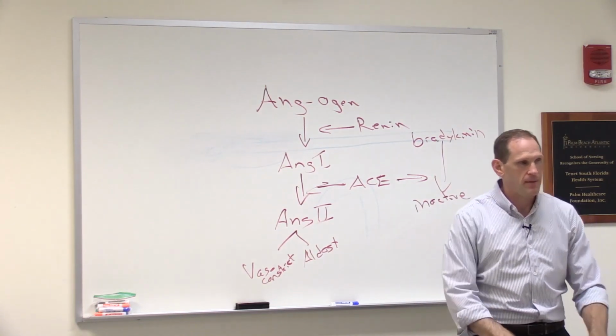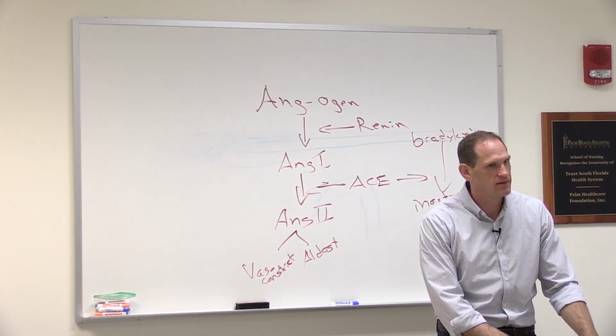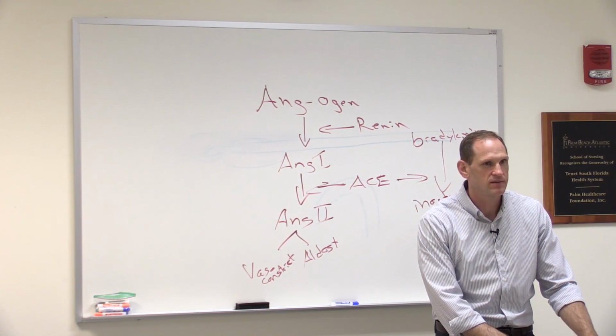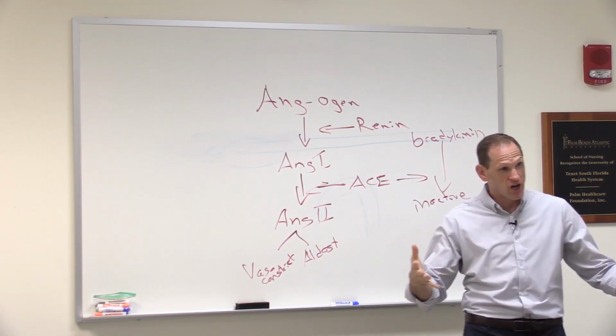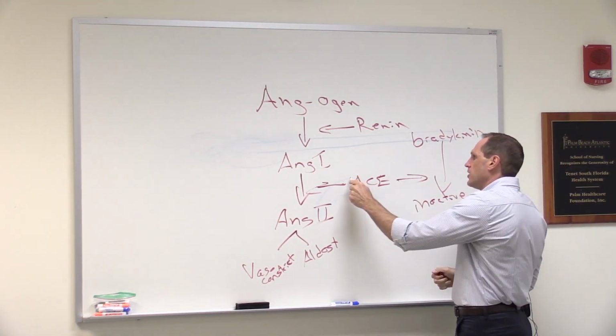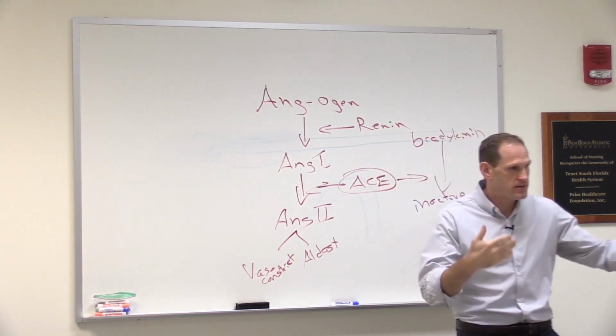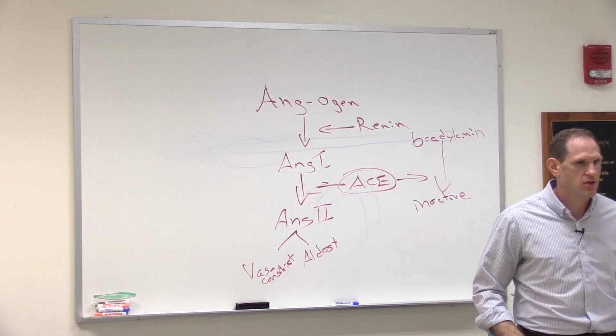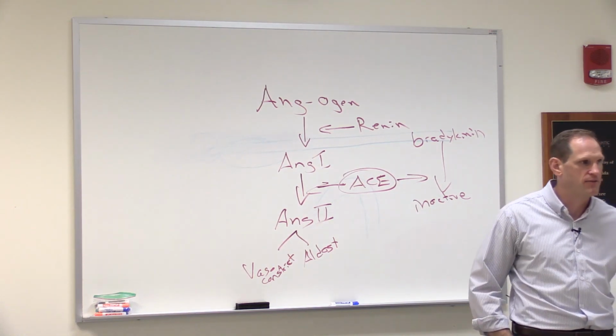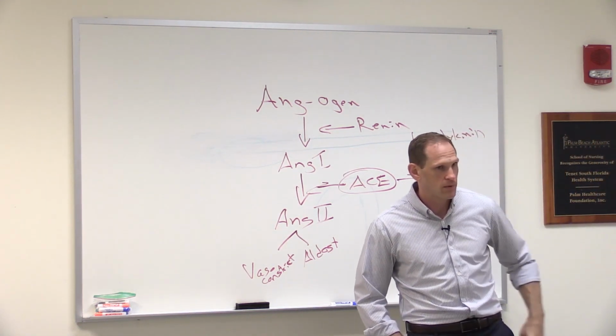So how about if we have some drugs that impact that? The first drugs that impacted this are called ACE inhibitors. So they inhibit ACE. So they prevent the production of angiotensin 2.